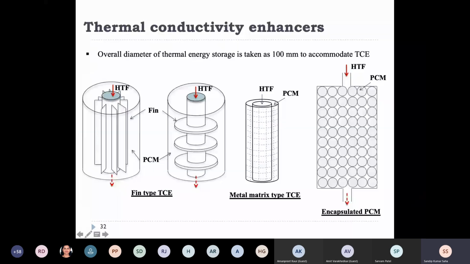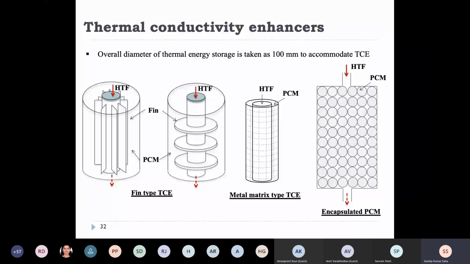Okay, now what are the different enhancers we actually use in phase change material? Before going into this, let me tell you the problems of phase change material. At the beginning of my talk, in the second slide, I told you how the PCM works, that two parameters are important.